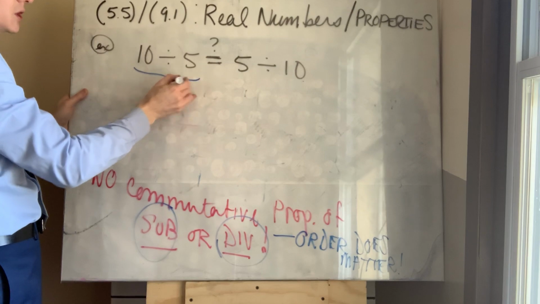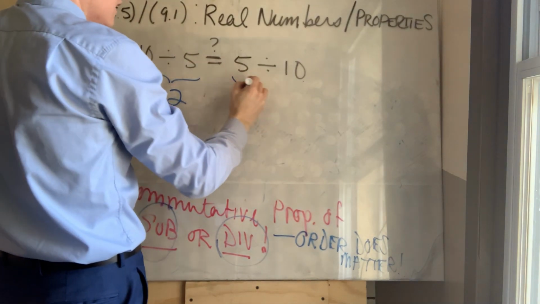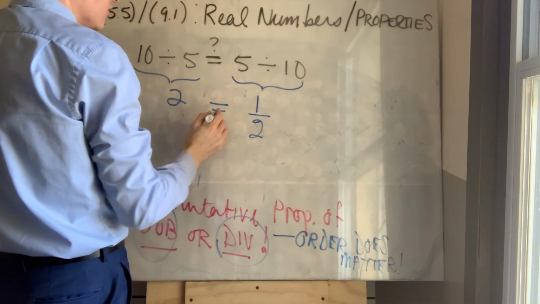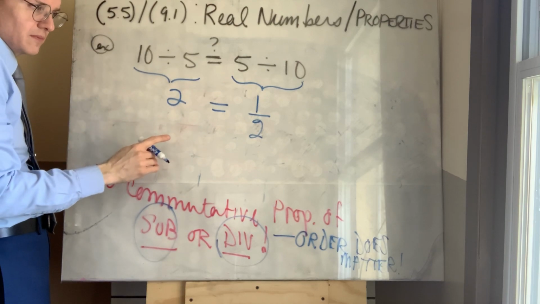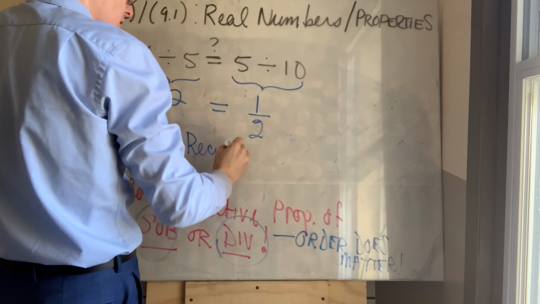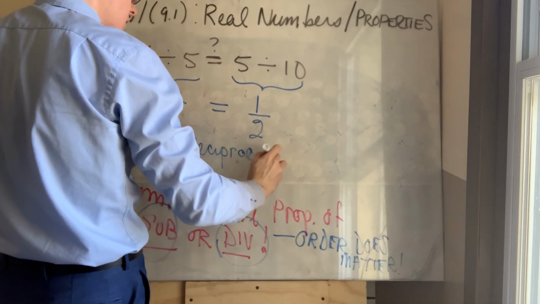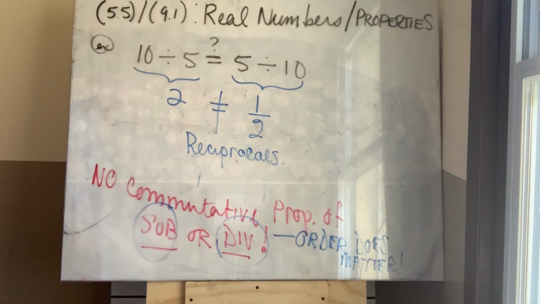In the case of division, 10 divided by 5 is 2, whereas 5 divided by 10 is a half. And in spite of their similarity, these are not the same number. They're reciprocals. Reciprocals are not equal, so you put a no smoking cross out through them.